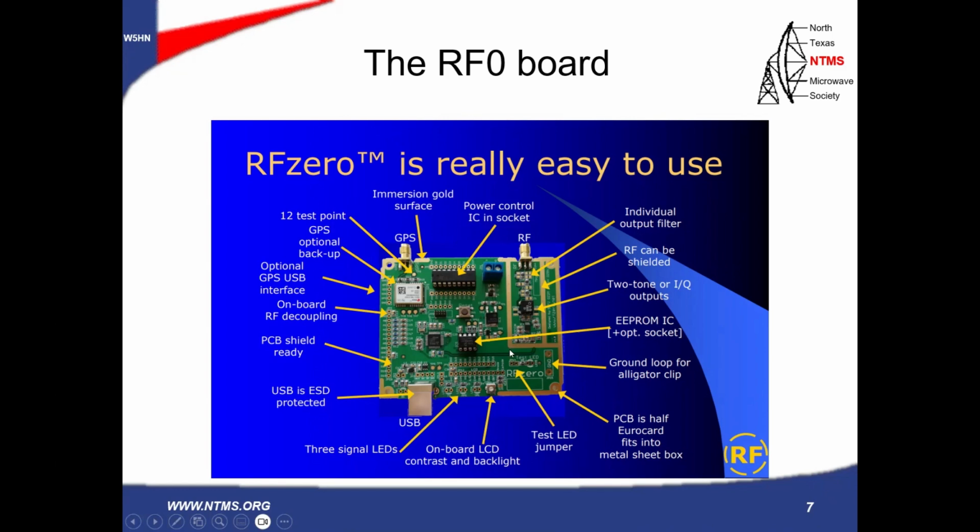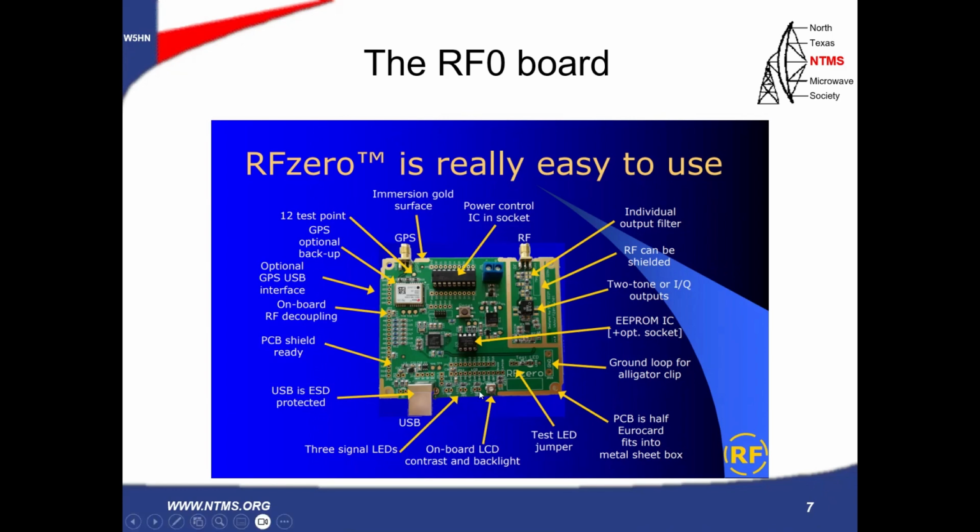RF is generated over here, which you can shield on this gold trace. You can also get two-tone or I and Q. You see the EEPROM in the middle. And then on the bottom, there are several LEDs. There'll be a demo I'm going to show you.